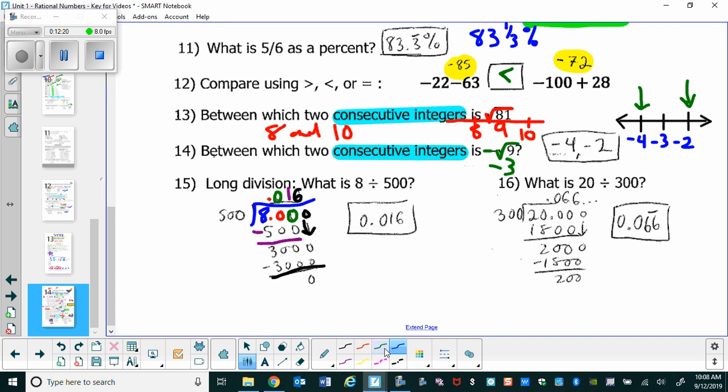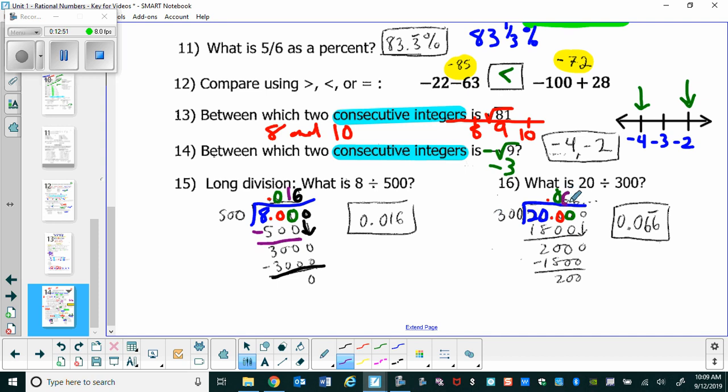So last but not least over here, this time I've got 20 in blue being divided by my 300. Now because 300 doesn't go into 20, I need this decimal point right there. 300 will not go into 200, and that's why I need a 0 here to get this 0. Now I can ask myself, how many times will 300 go into 2,000?